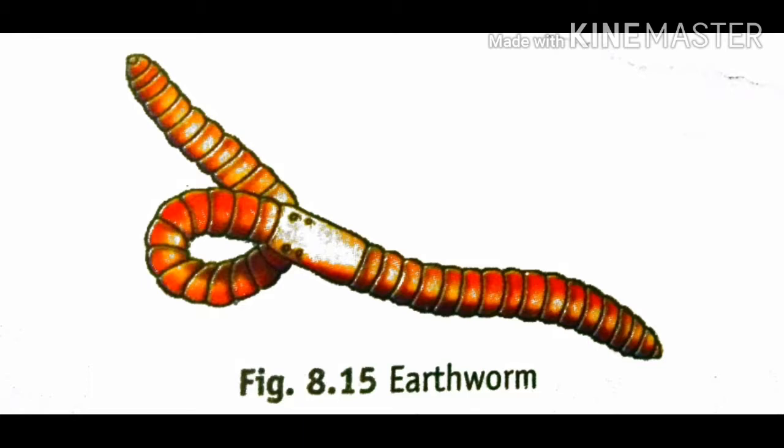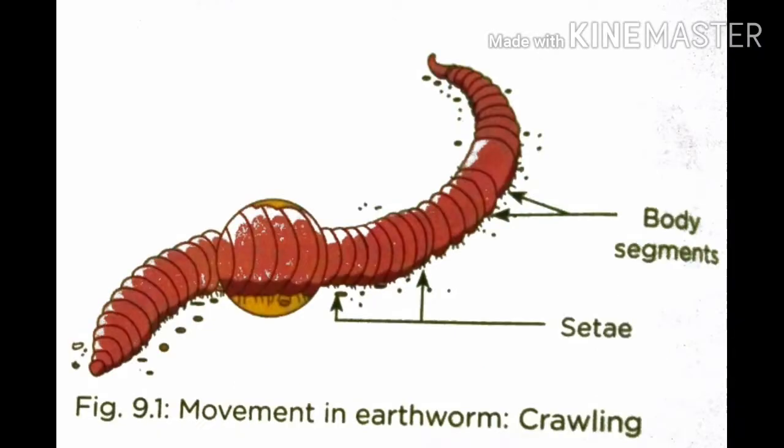During movement, the earthworm first extends the front part of the body, keeping the rear portion fixed to the ground. Then it fixes the front end and releases the rear end.